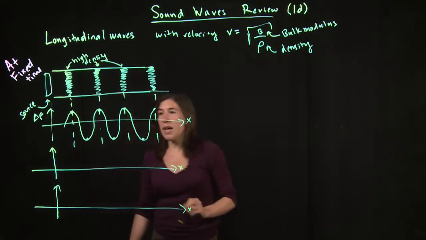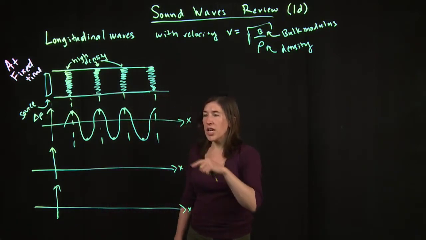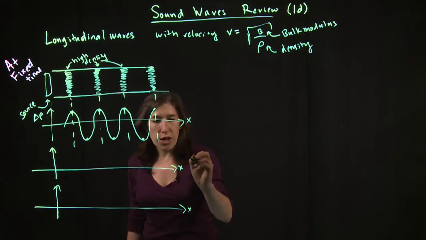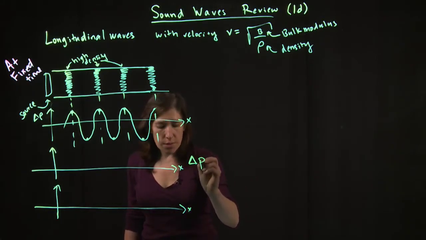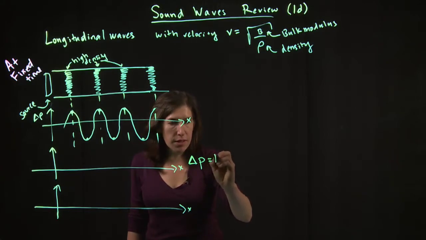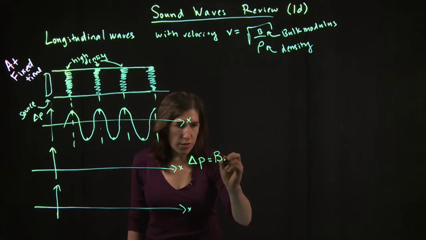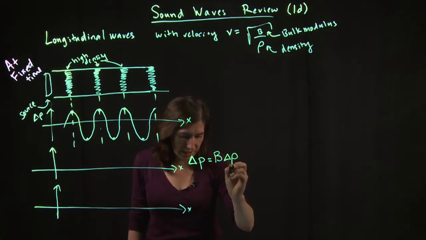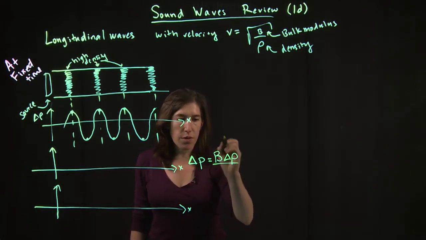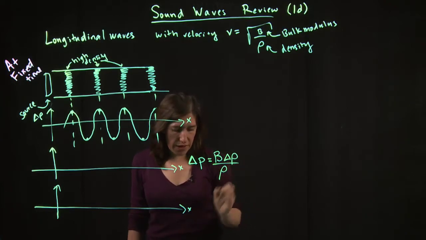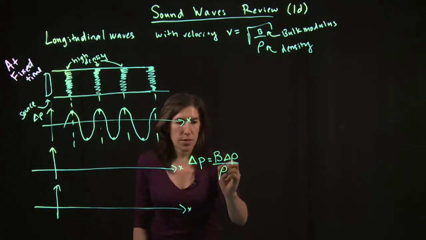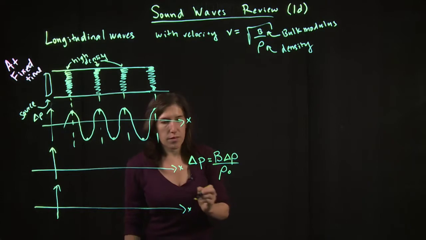You can derive the relationship of this change in density to the change in pressure of the air, which I'm not going to derive right now, but the change in pressure is equal to the change in the density times the bulk modulus divided by the baseline density, which maybe I'll call rho naught.